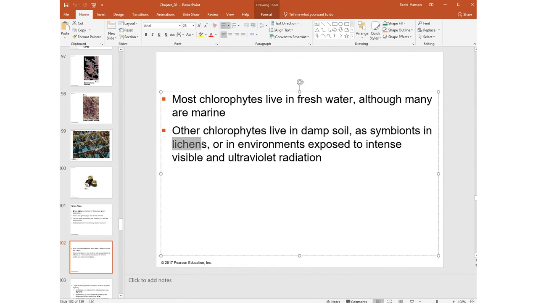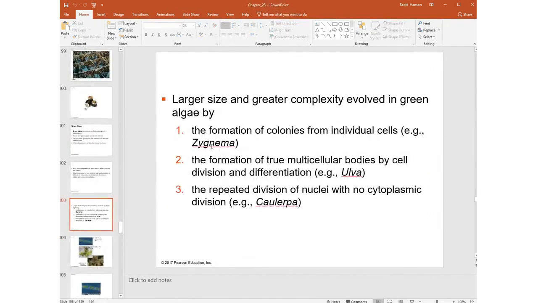In our area, a lot of them are an orange color or different shades of green, or sometimes even a blue-green. But anyway, they live as symbionts. So a lichen is actually a symbiotic relationship between a chlorophyte algae and some sort of fungus. But anyway, that's what that is then.